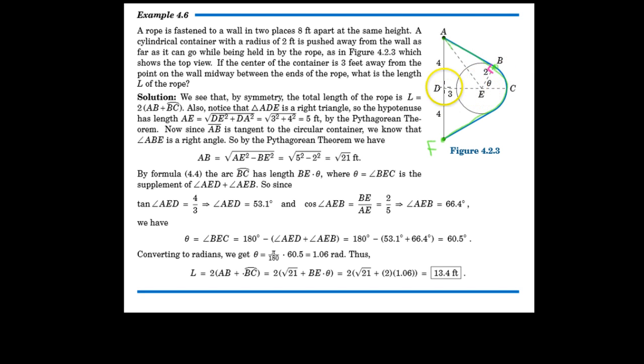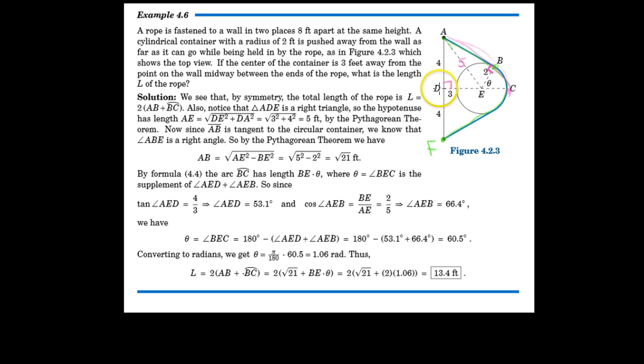I also know that this is another right triangle, and the way the book does this example is to find the upper half of the rope, which is A to C, and then multiply that by 2. For the first part, I notice that this is a 3, 4, 5 triangle.